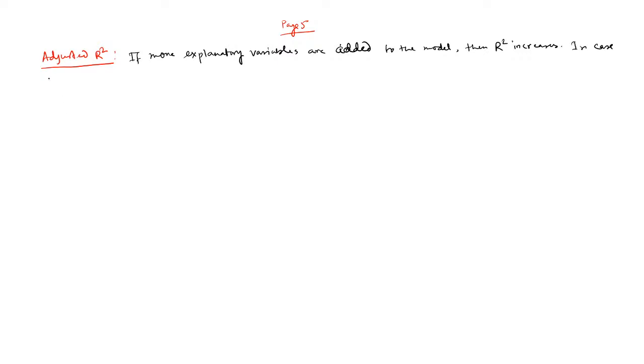Even in case the variables are irrelevant, R square will still increase, and it gives an overall optimistic picture.